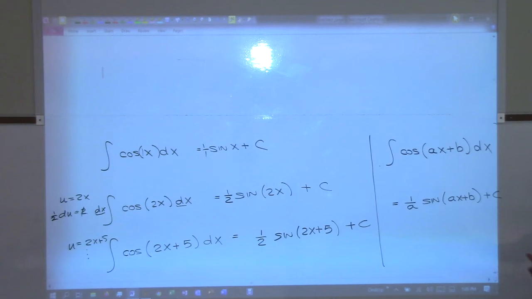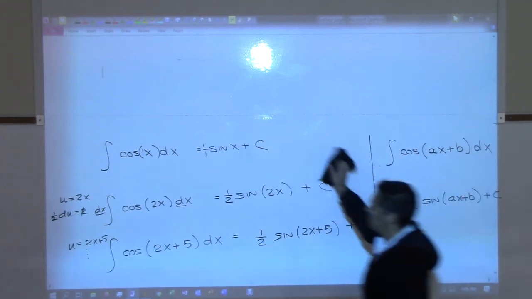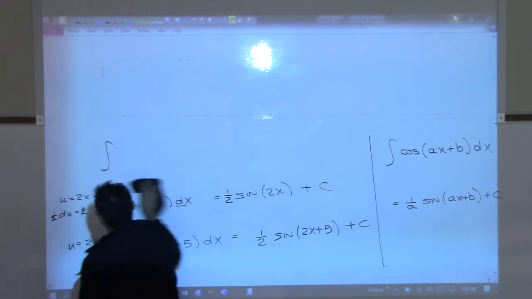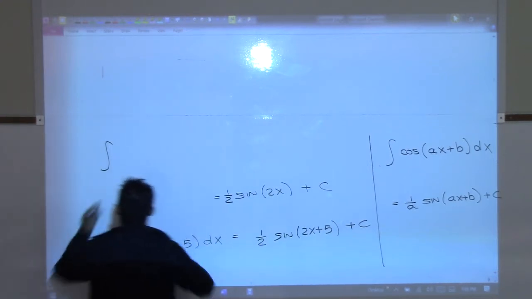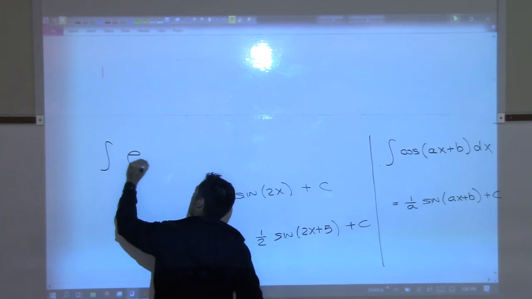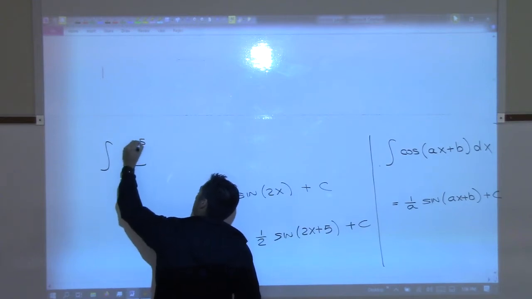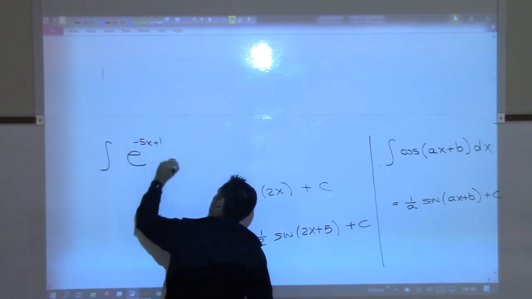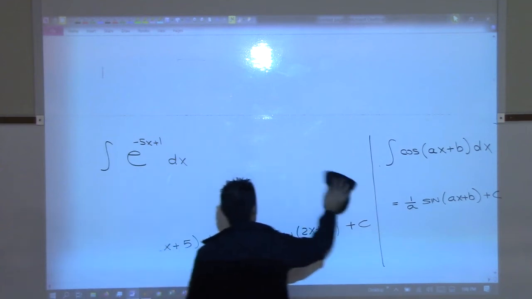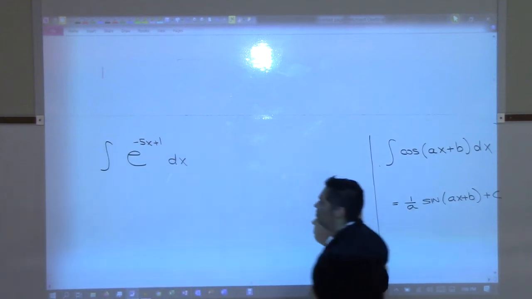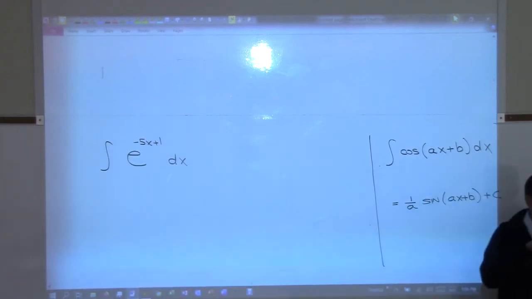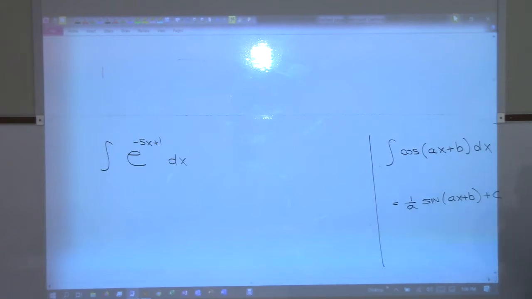Can we extend that? Would this work for any of the functions we know? Let's try something else. How about the antiderivative of e to the negative 5x plus 1 dx? So that's e raised to a linear expression in x, right?